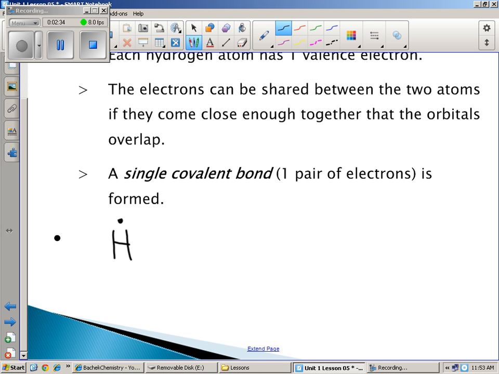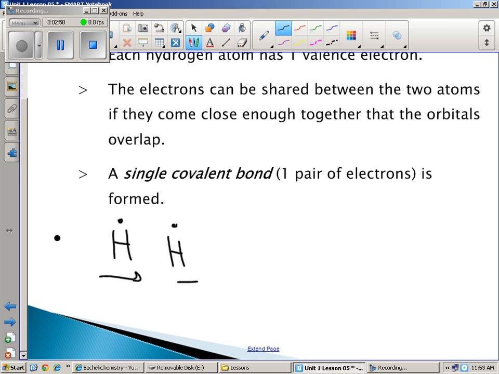So if we shrink that down here, there's a hydrogen, here's another hydrogen. You can picture that electron quite far away, okay? So what happens is, as the electron goes around and around, another hydrogen is able to come close enough to it, and they're going to help each other out by sharing those electrons.